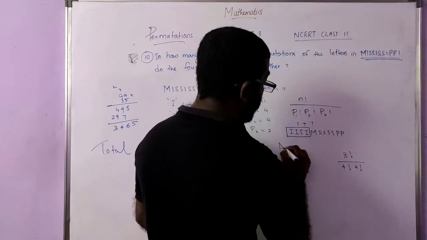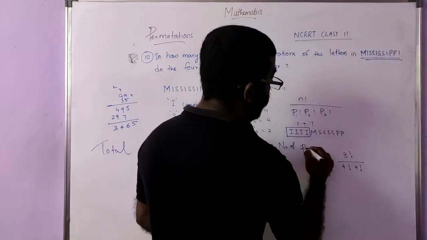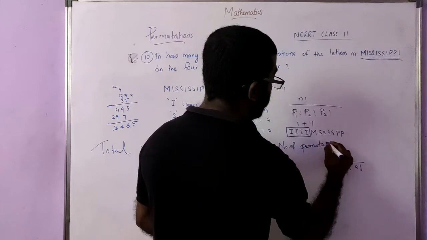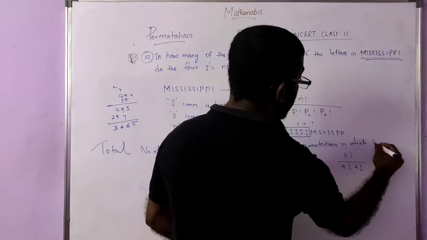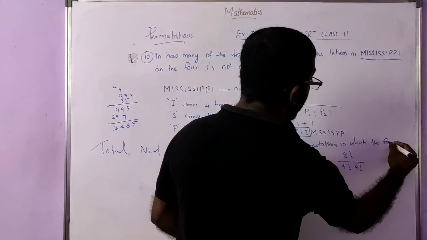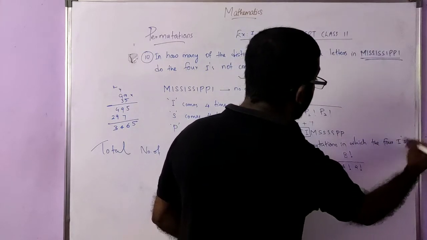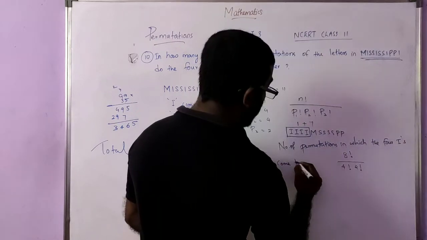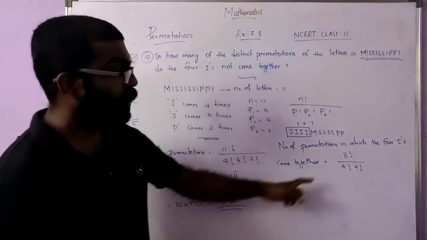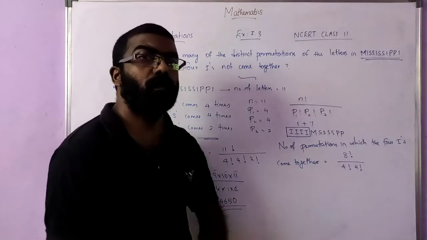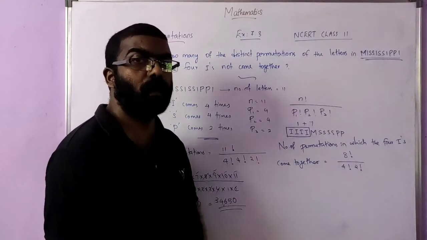So the number of permutations in which the 4 I's come together is equal to 8 factorial divided by 4 factorial into 2 factorial.